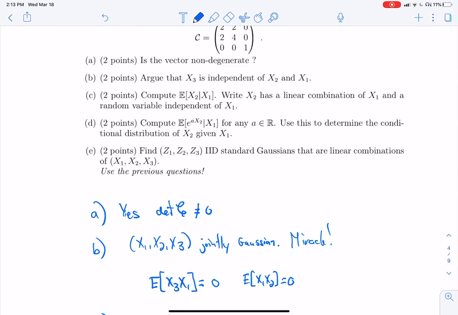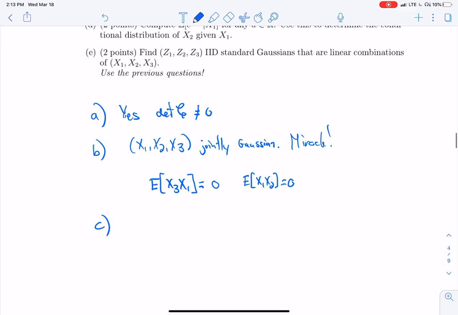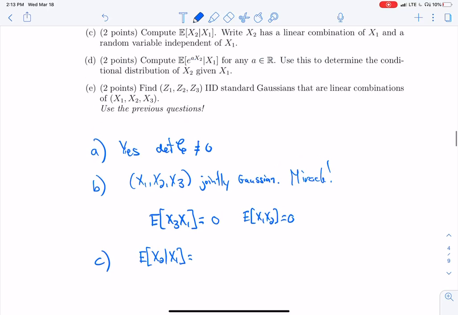Now question C. I want to compute the conditional expectation of x2 given x1, and then write x2 as a linear combination of x1 and a variable independent of x1. So to do this, what do I do? Well, I know that the expectation of x2 given x1 is the projection onto all the random variables I can construct from x1. Because it's Gaussian, it's very special.